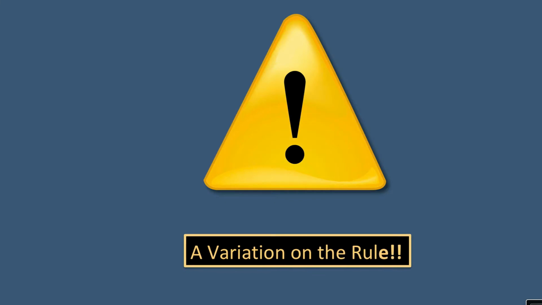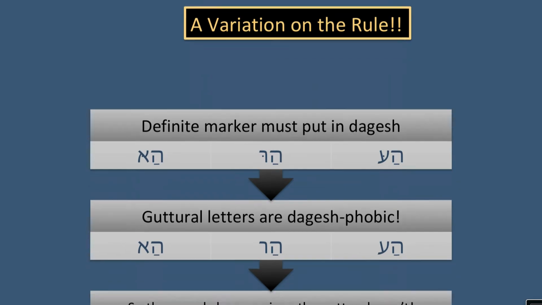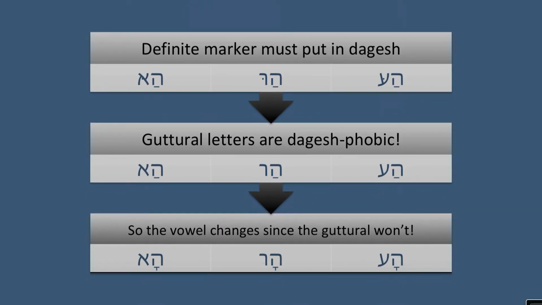Now, of course, by now you should know that there's always a variation on the rule. So, if we've said that a definite marker must put in a dagesh in the first letter of the word, then we would expect, as you can see here in the first line, to have something like this. Hey, patach, ayin with a dagesh. Hey, patach, resh with a dagesh.